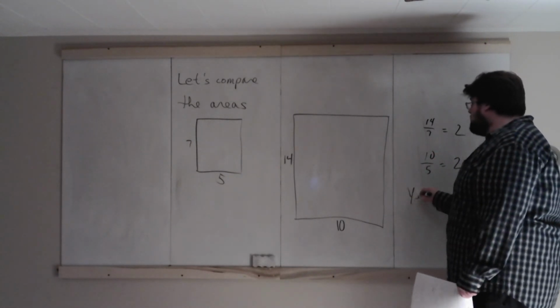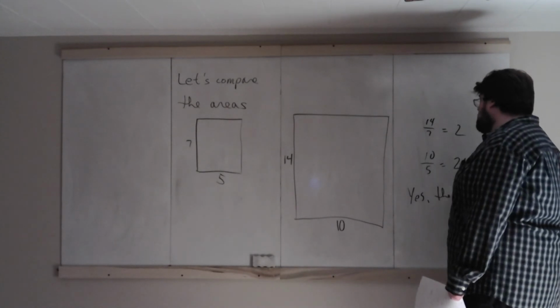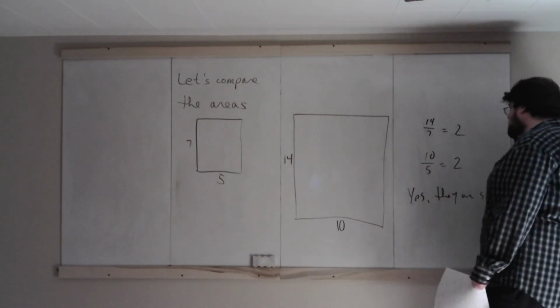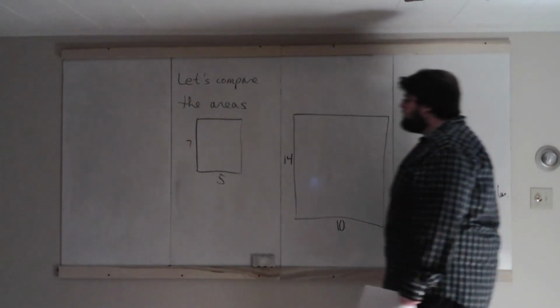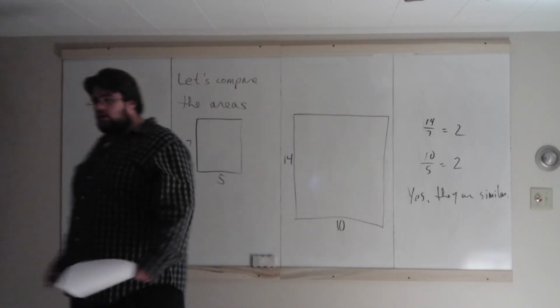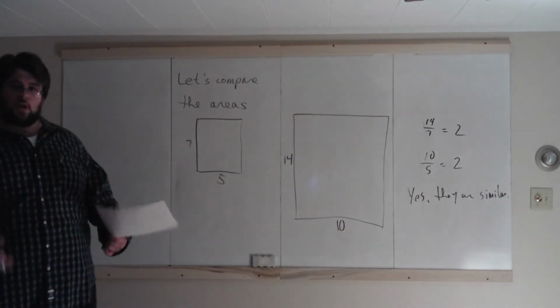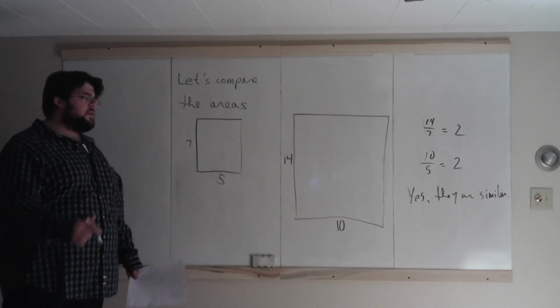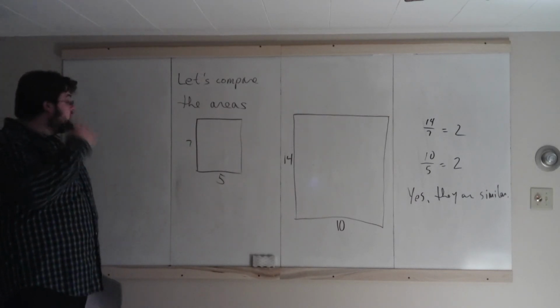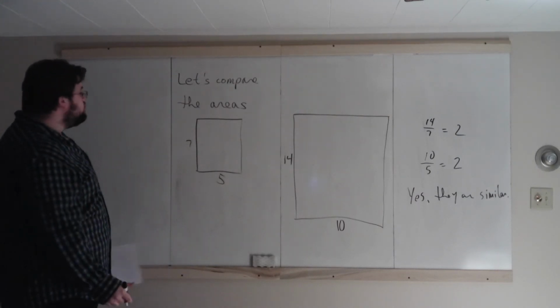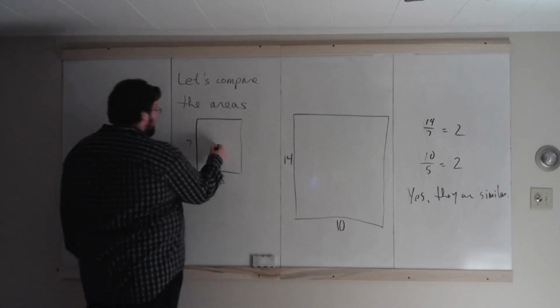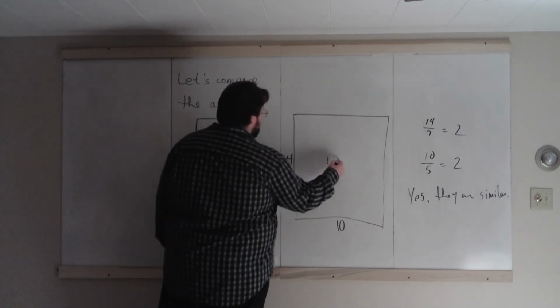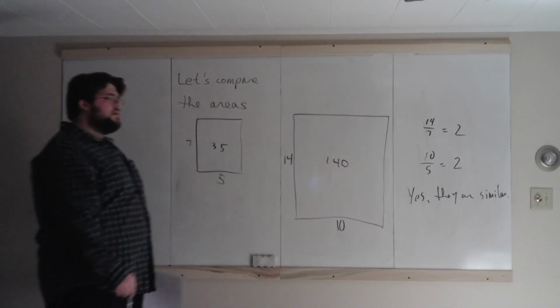So yes, they are similar. Well, that's great. Now we're going to see how that 2 shows up in their area comparisons. Now, it might be difficult to see exactly how that 2 shows up if you just look at these areas as 35 and 140.